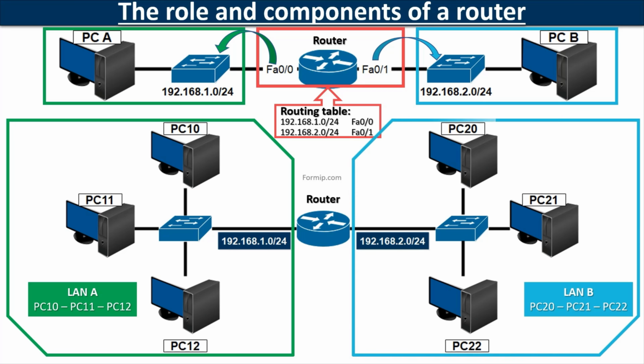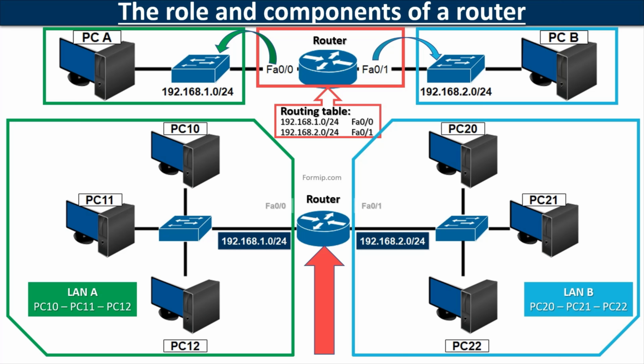The LAN-B communicates only with the PCs 20, 21, and 22, which belong to the network 192.168.20.0. A PC that is part of LAN-A cannot communicate with a LAN-B PC without the help of a router. Routers are the ones that allow communication between hosts that are not in the same network.